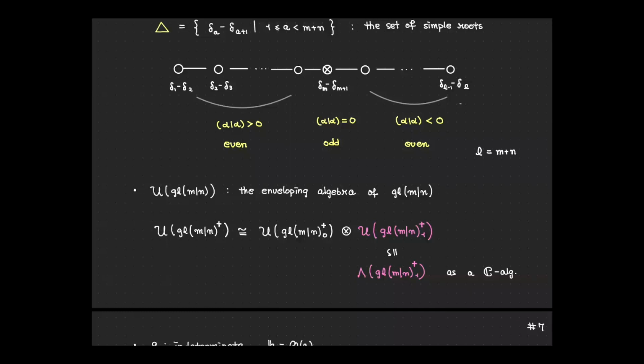So in the enveloping algebra, the anti-commutator of two odd root vectors is zero. So they are just anti-commuting. So as an algebra, the red part is isomorphic to the exterior algebra generated by the odd root vectors. So the positive part of our Lie superalgebra looks like this: the usual ones, and some exterior algebra is tensored.